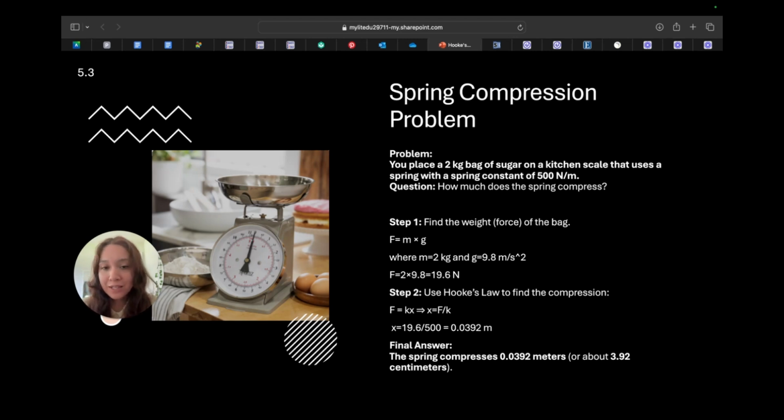And so now we just plug in the numbers, which is X equals 19.6 divided by 500, which gives us 0.0392 meters. So the spring compresses 0.0392 meters, or just under 4 centimeters. That makes sense because the spring is pretty stiff, so it only moves a little under the weight. This example shows us how Hooke's law helps us solve real-life problems, like predicting how much the scale spring will move when we add weight.